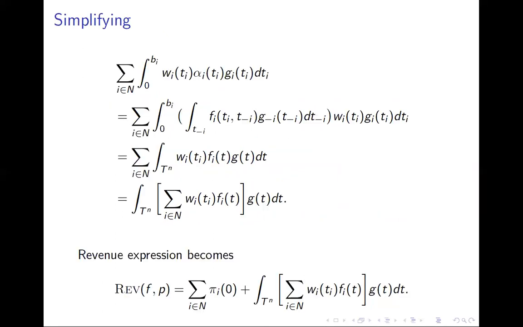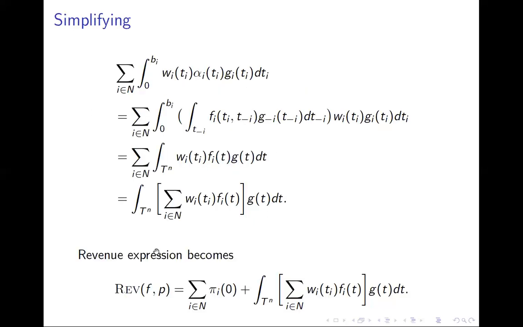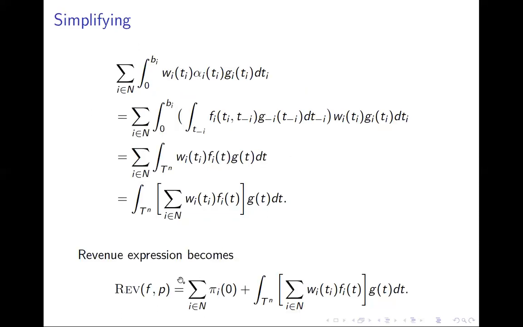The only constraint is that π_i(0) has to be less than or equal to 0. So if you want to maximize this expression, then set π_i(0) to the maximum possible value, which is 0. Okay. So without loss of generality, we can set all these terms to be equal to 0. So this term basically disappears.